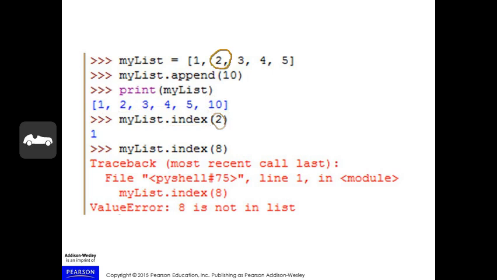The index of this item is 1, because we count 0, 1. That's why you see 1 here. And index 8 is trying to find the item 8 in the list and return its index. However, 8 does not exist in my list, so there's a ValueError. This exception is raised by calling index 8.